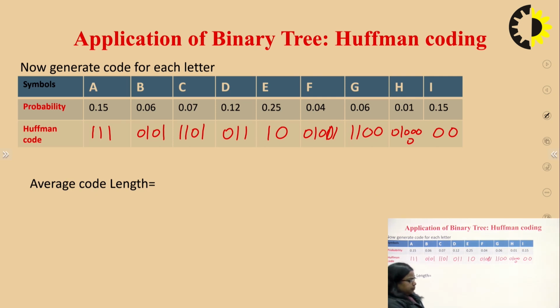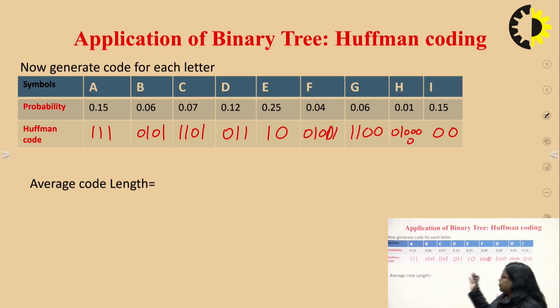Now the next term is to calculate the average code length. For calculating the average code length, we have to use the probabilities. The probabilities are already given in the question: A has a probability of 0.15, or it is given as 15 in the question.